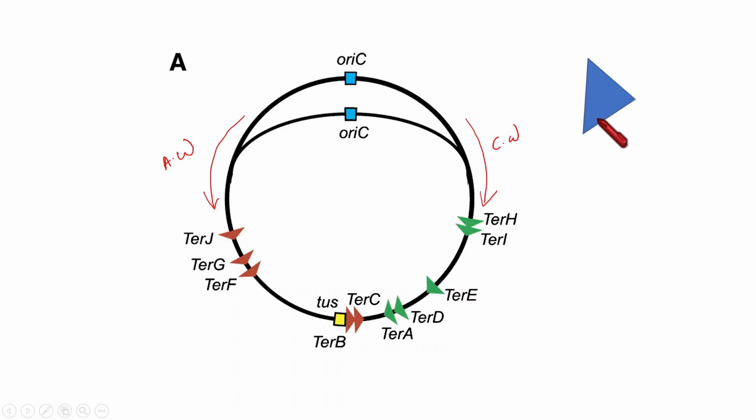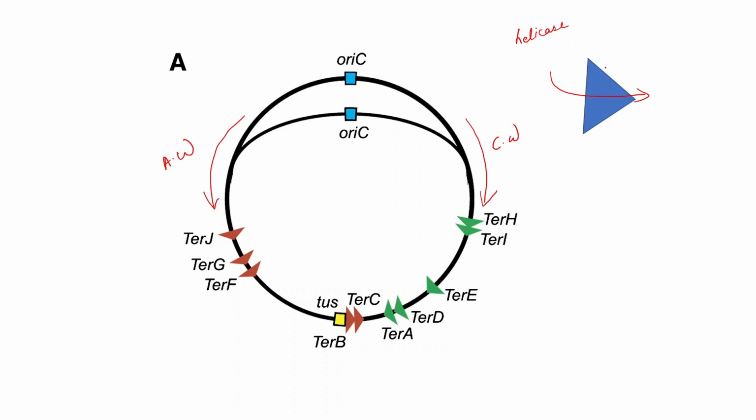And look, at this ter sequence, some proteins are present, and this protein has two faces. If the side facing this way faces the helicase enzyme, that means it will not restrict the forward movement of helicase. That means if the helicase approaches this ter on this side, the helicase can proceed through this ter sequence.